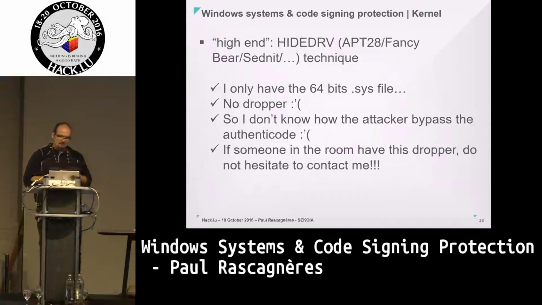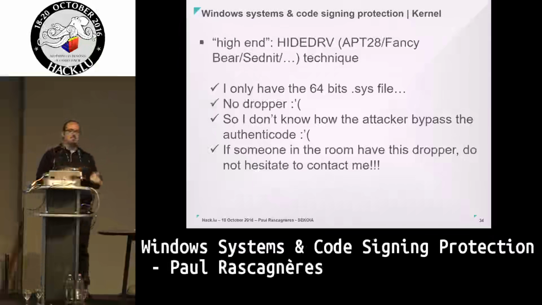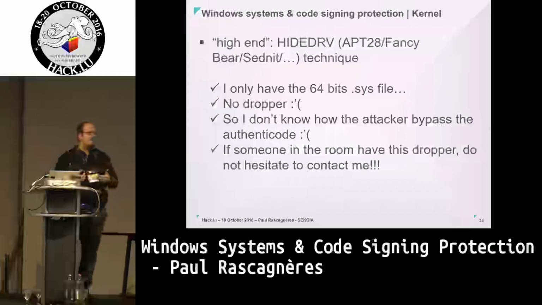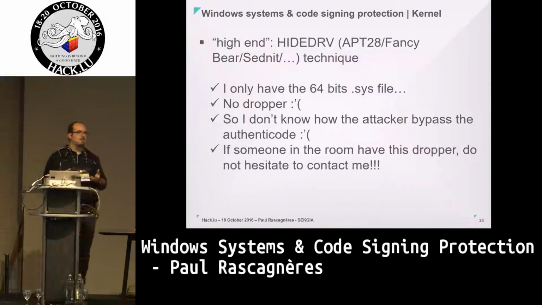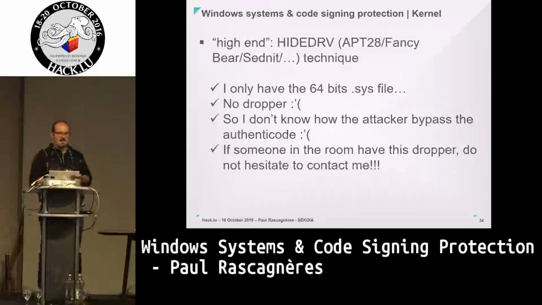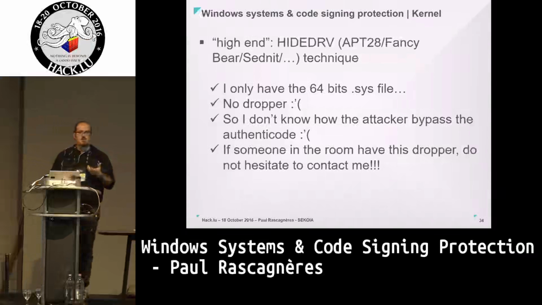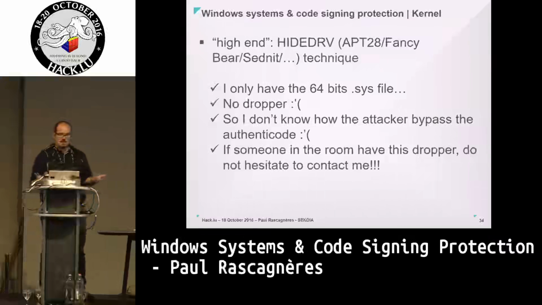So if one of you has the dropper, I would be happy to have it to check how this group bypasses protection and is able to load this unsigned .sys file. This driver was developed for Windows 7, so I'm sure they bypass the protection, but I don't know how. Sadly. So feel free to contact me.